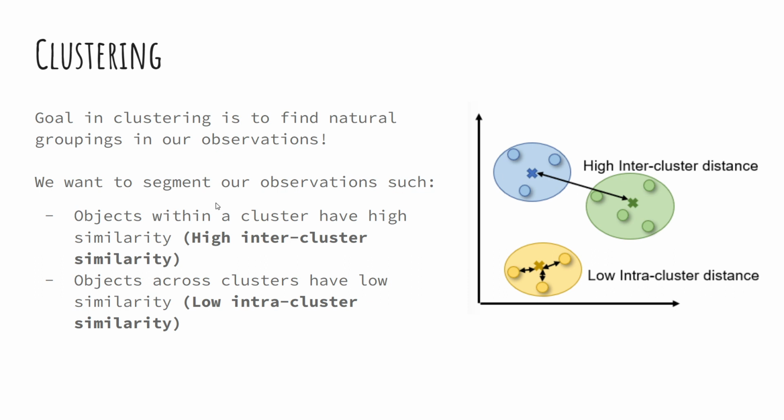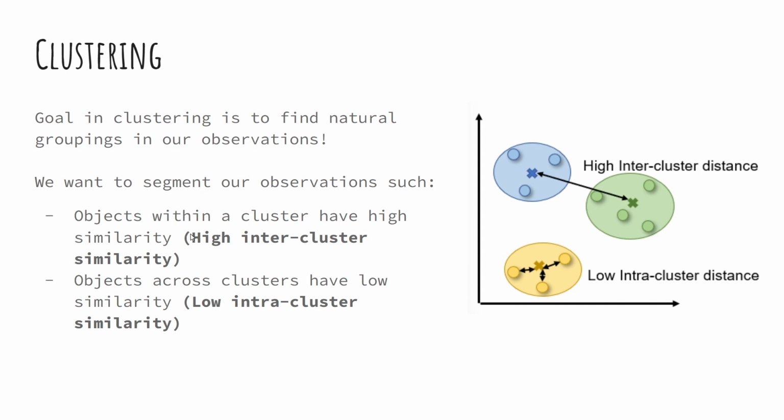But generally what we want to do is segment our elements such that they have high intercluster similarity, which just means inside the clusters, they're nice and close together. And the formal way of saying that is high intercluster.